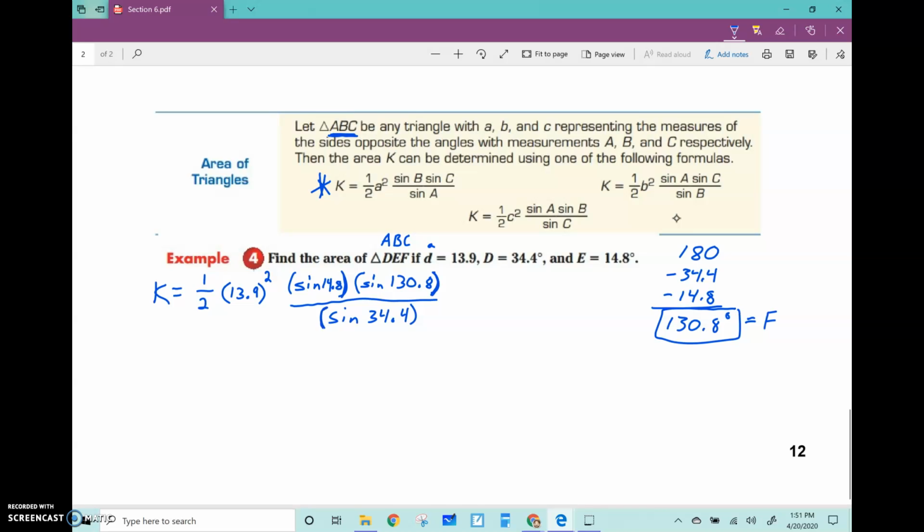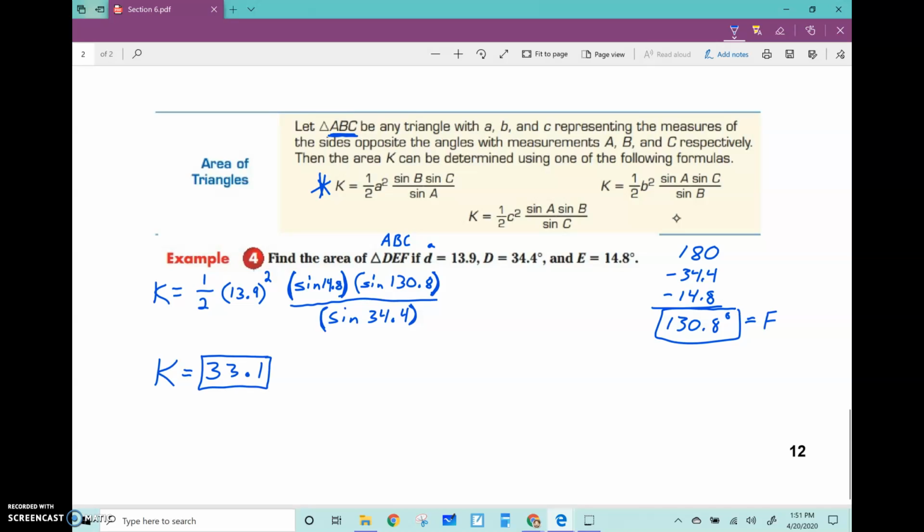These parentheses are vital when we're using our calculator, so make sure that you're getting those parentheses in there. That's telling the calculator that you have two separate operations up here and then this separate operation right here. So I plug everything into my calculator and I end up with K equals 33.1 as the area of that triangle.